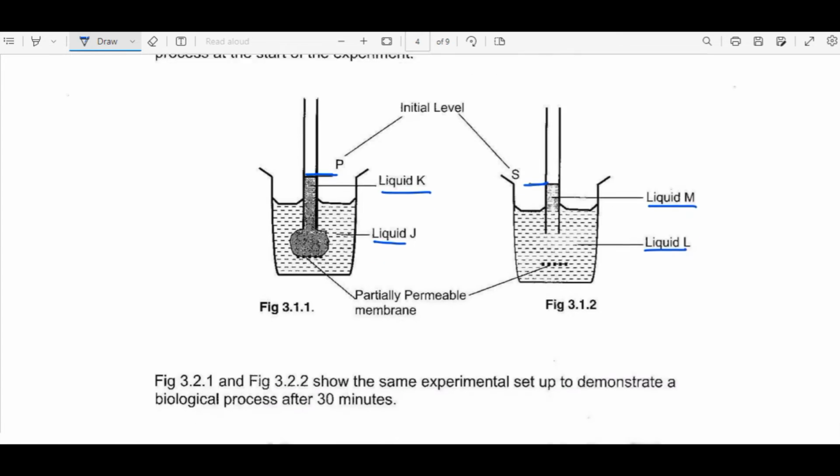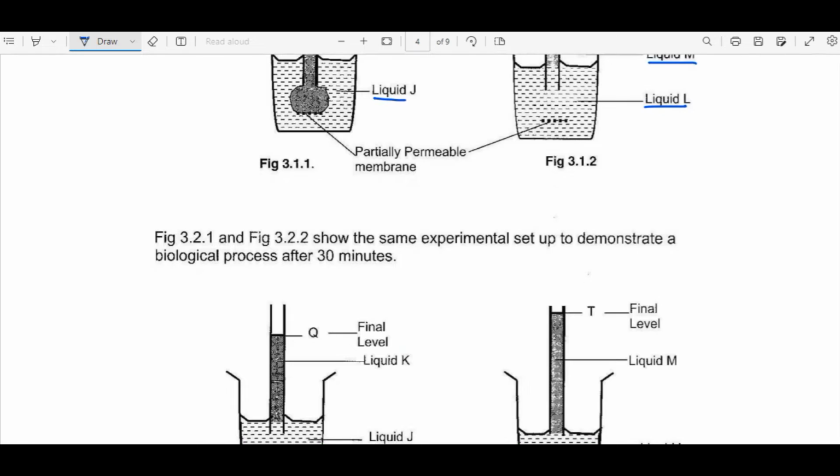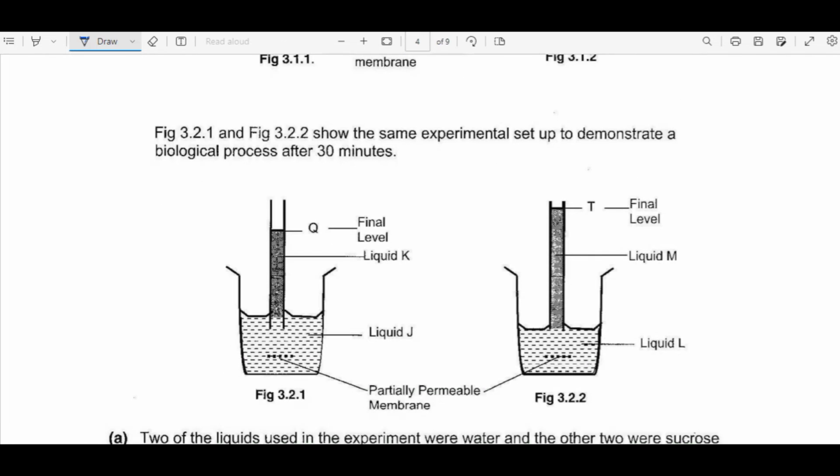Okay, so now let's move on. Figure 3.2.1 and figure 3.2.2 show the same experimental setup to demonstrate a biological process after 30 minutes. So let's look at what happens after 30 minutes. We can see that at first the initial level was somewhere here. So there was a rise in the level of liquid M. Now for this liquid to rise, there should be the movement of water molecules from one position to another.